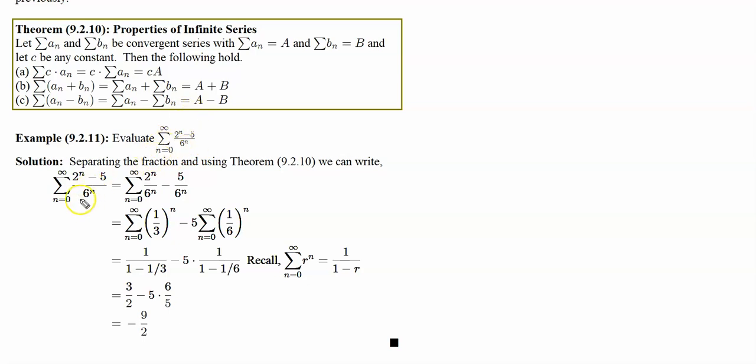So first of all, we're going to take this fraction and break it apart like this. We're just using the property that (A minus B) over C equals A over C minus B over C.